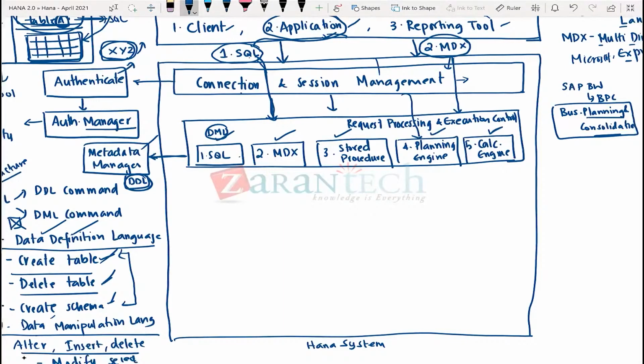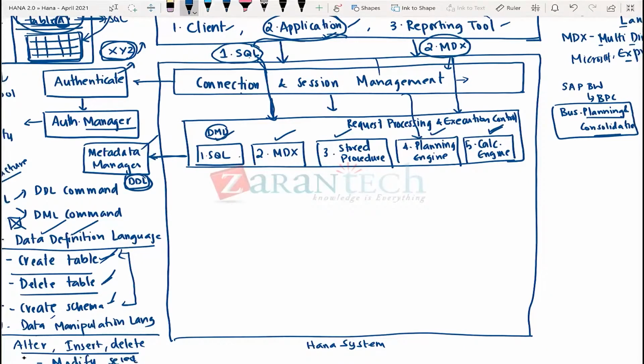What would have been typically done by an application layer in a traditional database is now incorporated in this calculation engine, and the calculation engine takes care of processing such complex calculations without sending back the data to the application layer. So these are the 5 engines which, depending on what kind of information is being passed through the connection and session management layer, will pick up that information and start processing it.